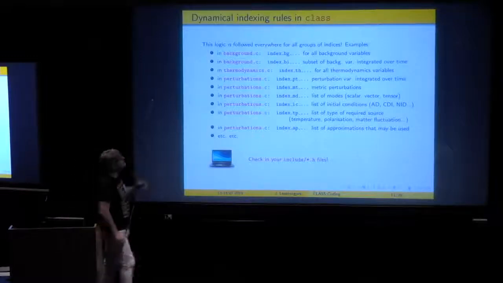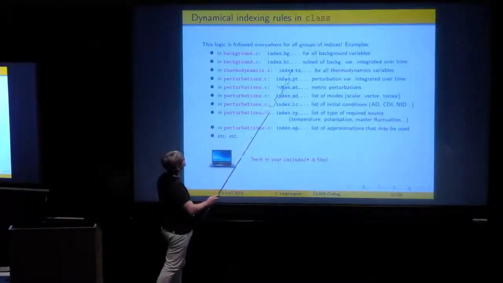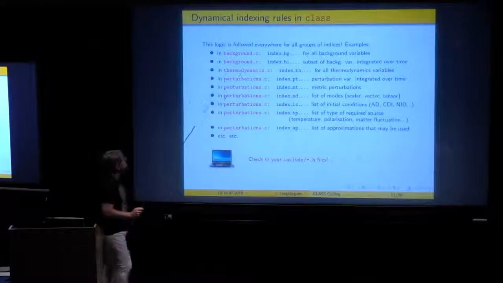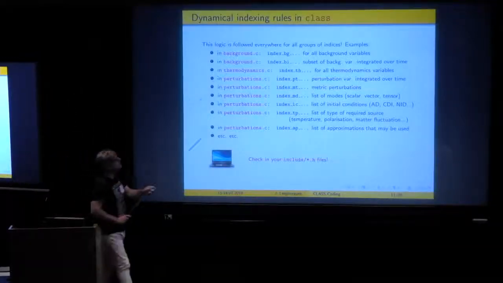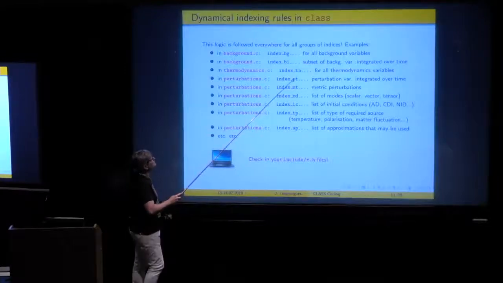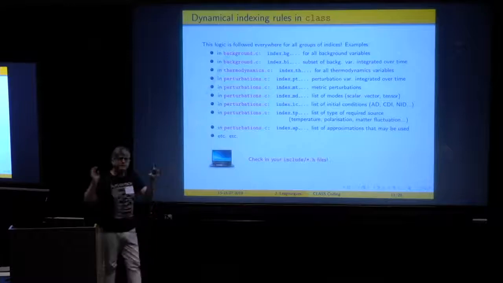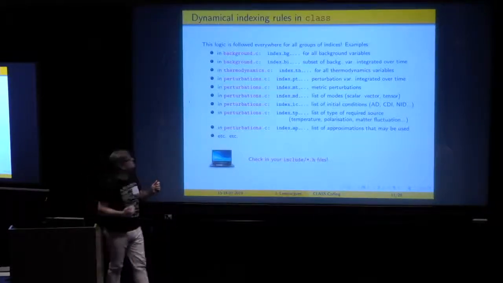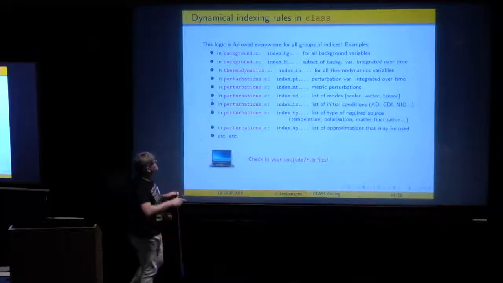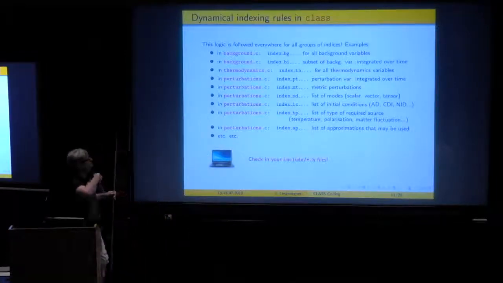In thermodynamics, there is the index TH of all the thermodynamical variables, and only this. In perturbations, there are lots of lists of indices. Index PT is the biggest vector in the code. It can contain hundreds of variables. It's really the vector with all the perturbations that we need to integrate over time. So it's very important. But then we need to loop over other things.